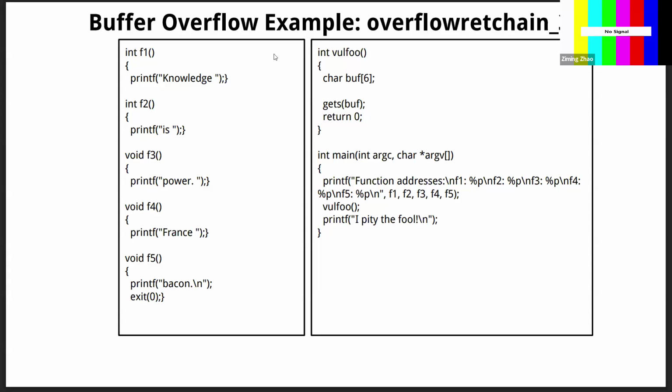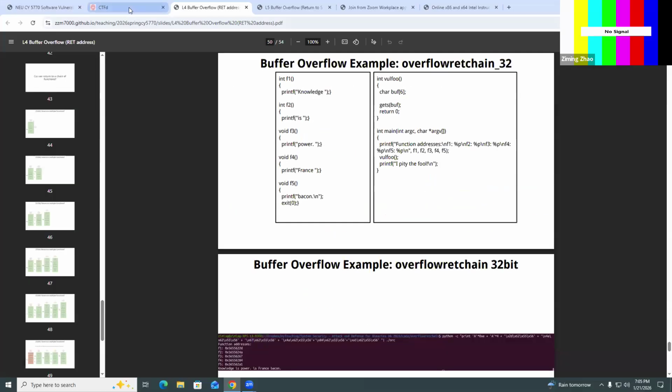We'll return to F1, then F2, then F3, F4, and F5. And we have a vulnerable function Valfu here, the same buffer, 6 bytes. Get input from stdin. The function prints out the address. The main function prints out the function addresses of all of them for us. The overflow return chain.